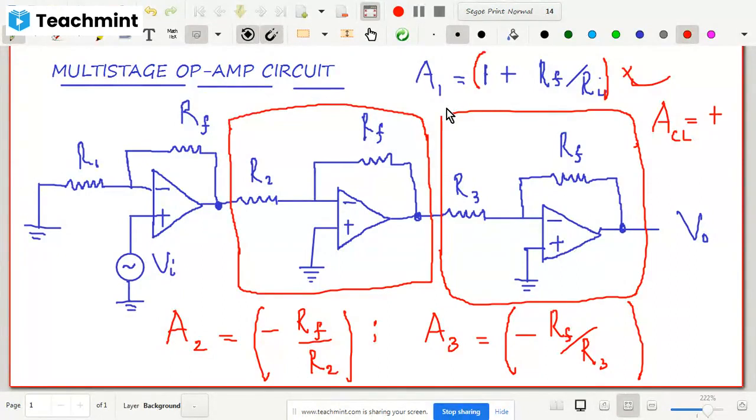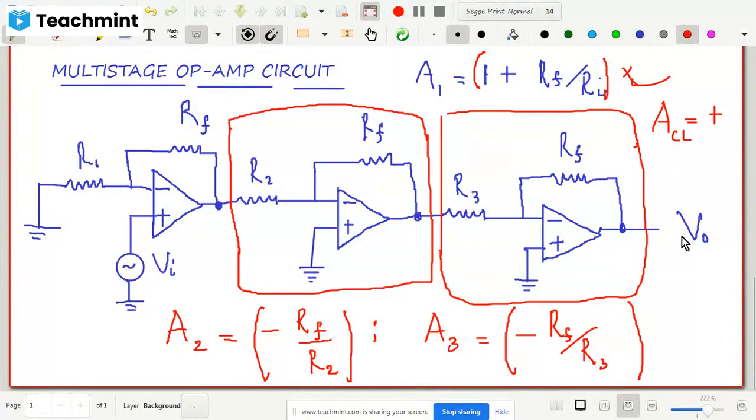Okay, so I have written one question, but I would not like to go through that question right now. Just using these formulas, you can solve many numerical questions. Suppose the value of RF is given to you, and let us say all these values R1, R2, R3 are given to you, and it is asked to find the total output voltage.